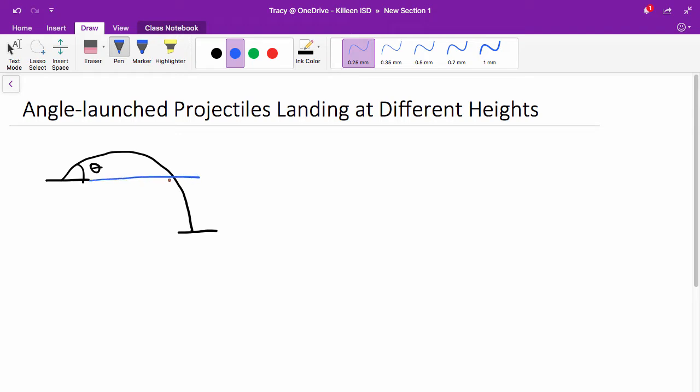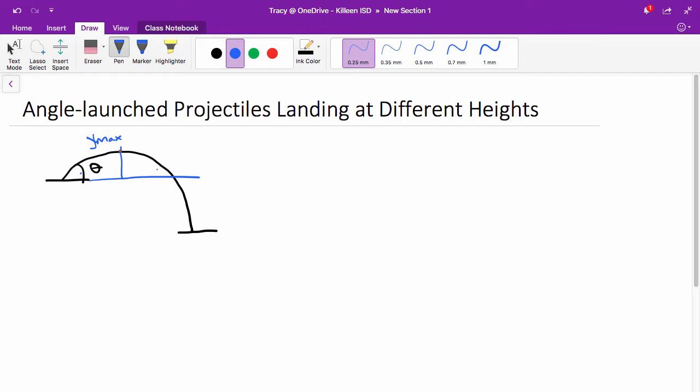landing at the same height, then right here, like yesterday, this would be your max height, your Y max, and this angle and this angle would be the same.